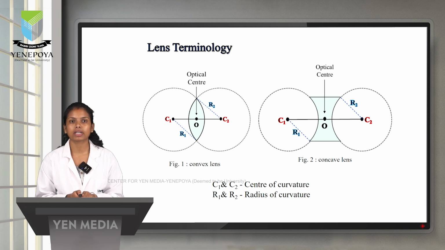The center of spheres of which a lens is a part is called the center of curvature, represented by the letters C1 and C2. The distance between the center of curvature and the lens surface is termed the radius of curvature. Since a lens has two bounding surfaces, it will have two centers of curvature and two radii of curvature.